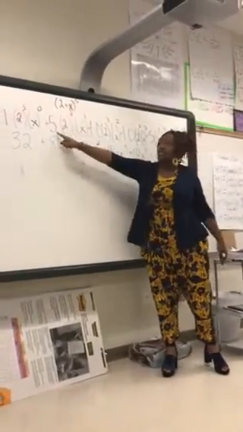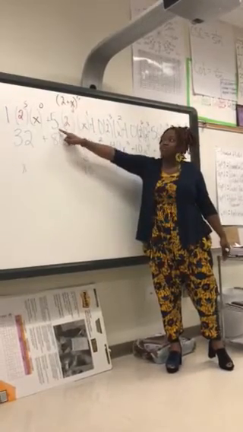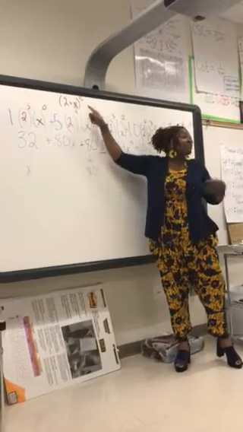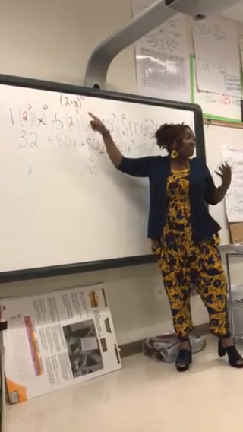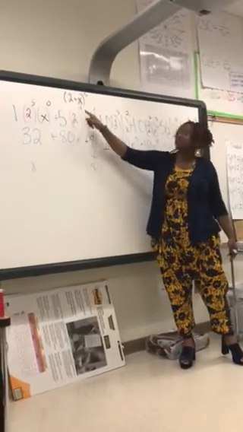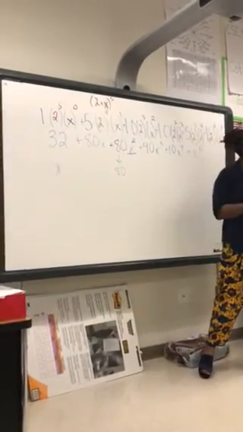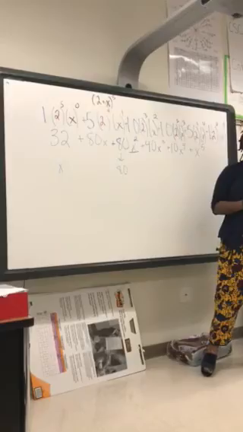So you're not supposed to distribute this 5, because if I say 5 times 2, that'll give me 10, and 10 to the 4th power would give me 10,000. But here it's really 2 to the 4th, and that answer times 5. So you have to work out your exponents first. Okay? All right.